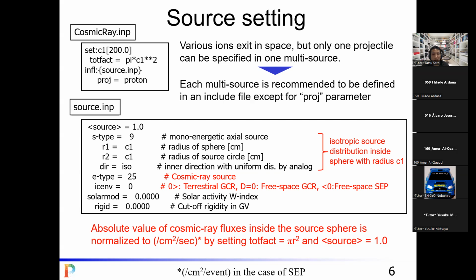It's the same as the RI source case. In RI source cases, you can directly define the becquerel, then your tally result is per second. The cosmic ray source case is also the same, so you can directly get per second data. It's very convenient. You don't have to consider the normalization by yourself.